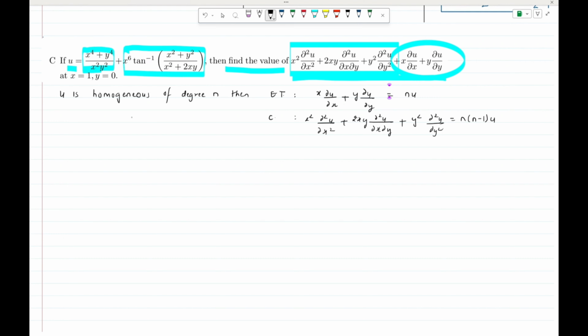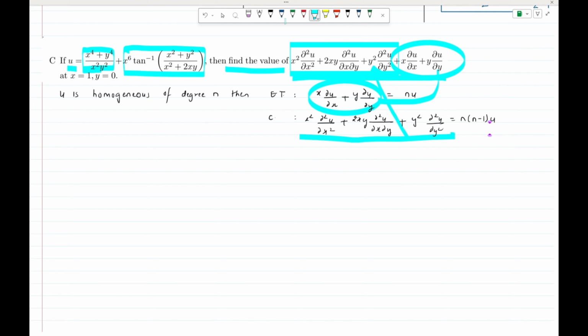So the first one is Euler's theorem, and the second one is the corollary to Euler's theorem. We see that this part is needed over here, and this part is needed over here.